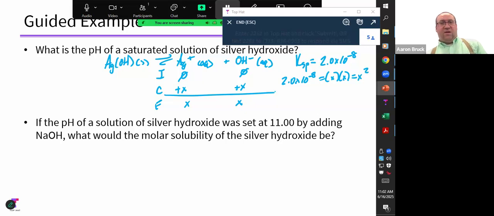These are the ones that we like because they're actually super easy. It's just x squared. So the square root of 2 times 10 to the negative 8th is 1.4 times 10 to the negative 4th.